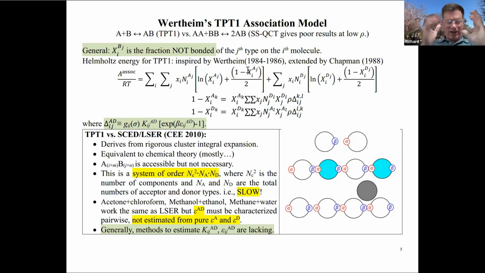So it's a little bit of a backwards concept, but once you wrap your head around it, it's basically the monomer fraction. So the conceptual picture for Wertheim's theory is not so different from MOSCED or all these other different representations of hydrogen bonding. And a key quantity here is this delta quantity. I want to review what that means in a minute.